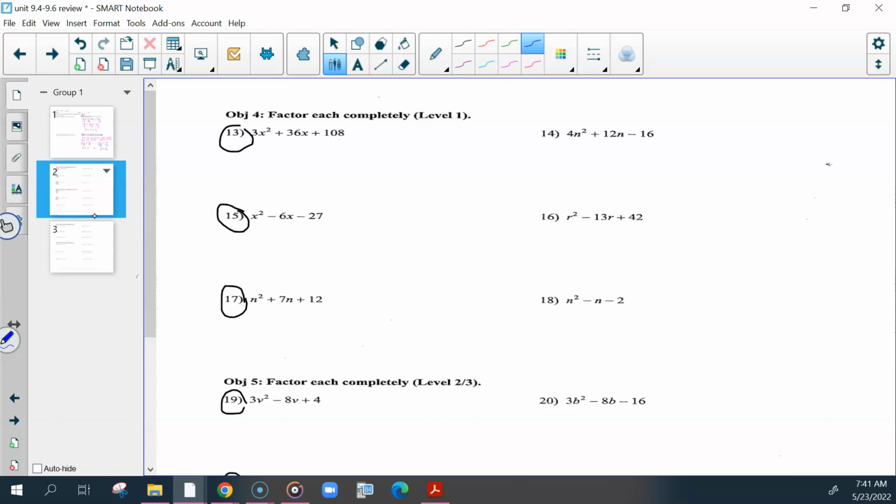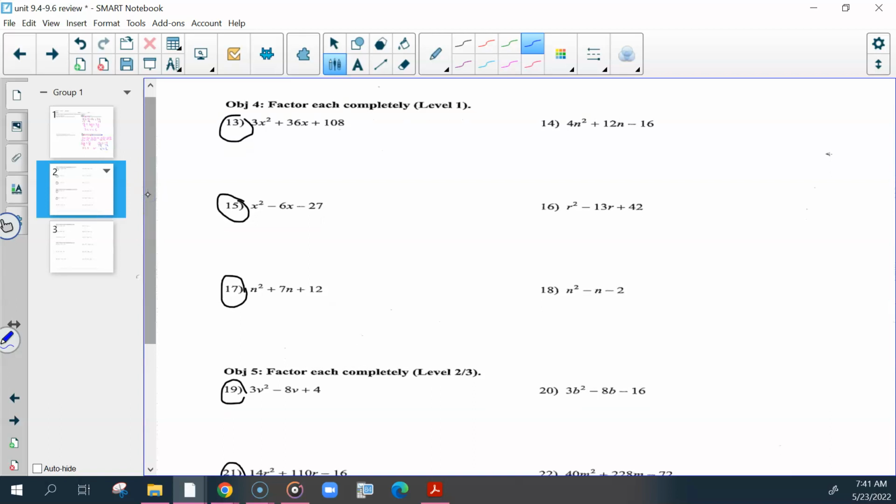They have the same type of questions on the front and back. We're only going to do problems on the front, but if you want to do problems on the back, that's fine. So this first section is your when A equals 1. Factoring. We're going to start at 15, go to 17, then come back to 13.